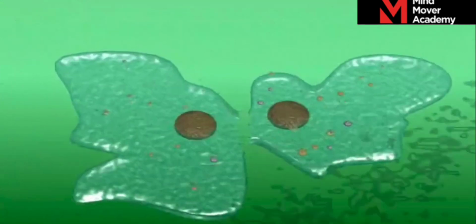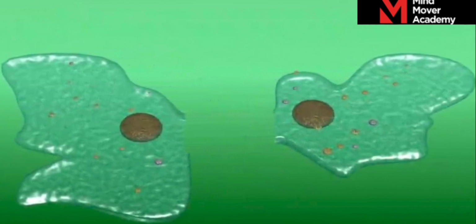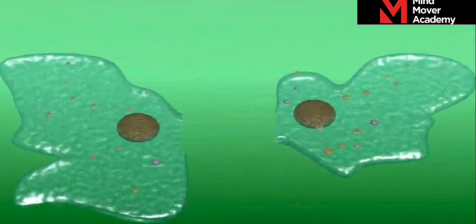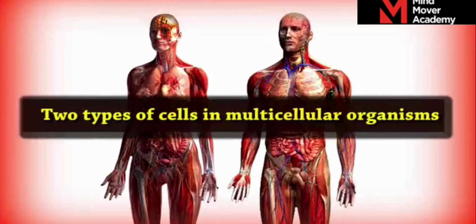In unicellular organisms, cell division directly produces two individuals. Thus, it is a means of reproduction. In multicellular organisms, there are two types of cells.